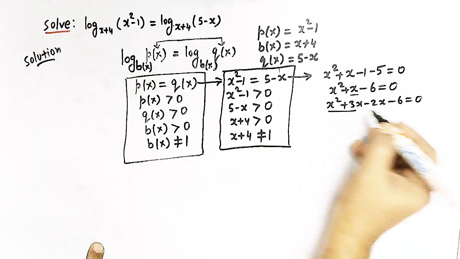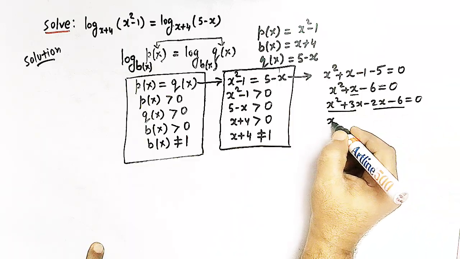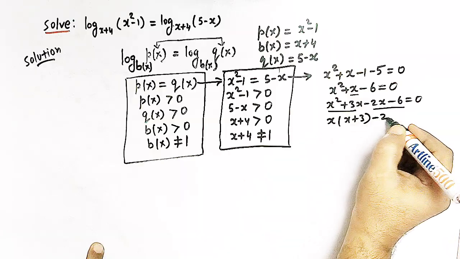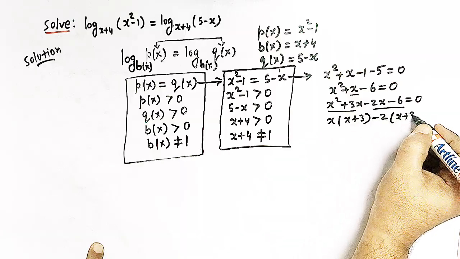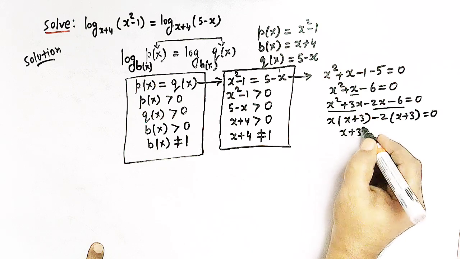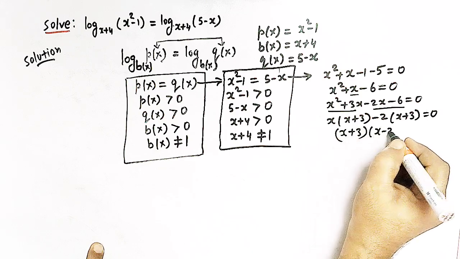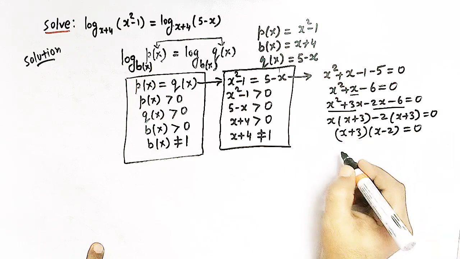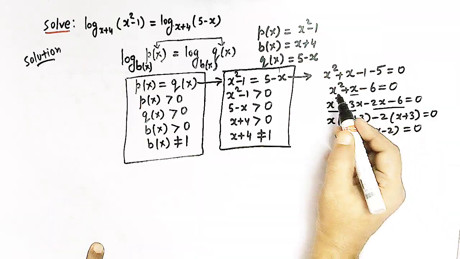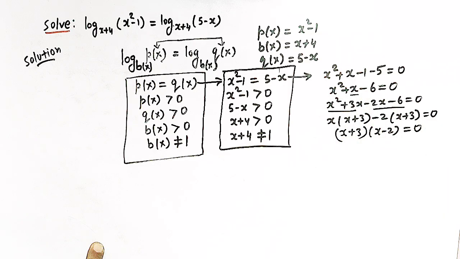So we can now factorize it. So we have x plus 3, then we have minus 2, and x plus 3 is equal to 0. Then we have x plus 3 and x minus 2 is equal to 0. So we have now two linear factors. We can also solve this quadratic equation by using the quadratic formula, right?